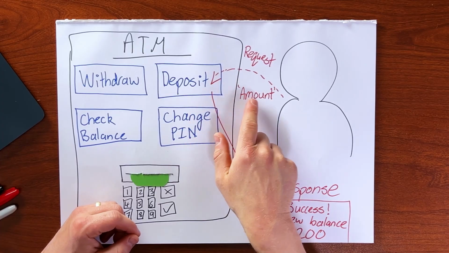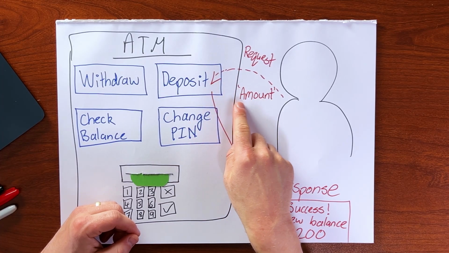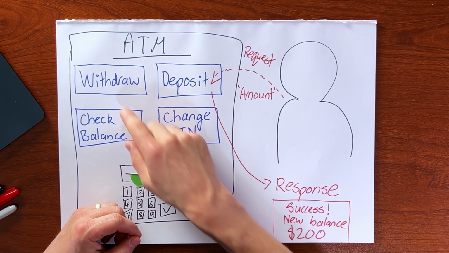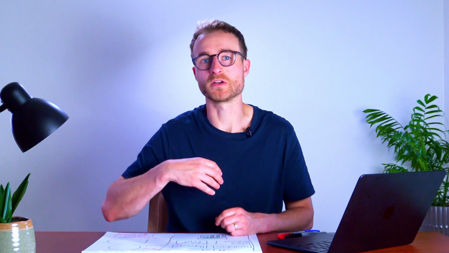So in the case of a deposit, we need to provide the amount that we want to deposit. It would be the same thing for a withdrawal. But if we wanted to send money to somebody via this ATM or maybe via our online banking app, we need to provide some more parameters, right? We need to provide the bank details of the person that we want to send money to, as well as the amount that we actually want to send them.